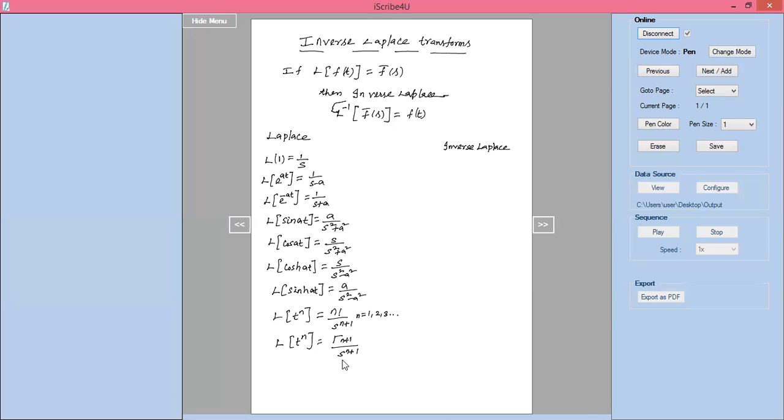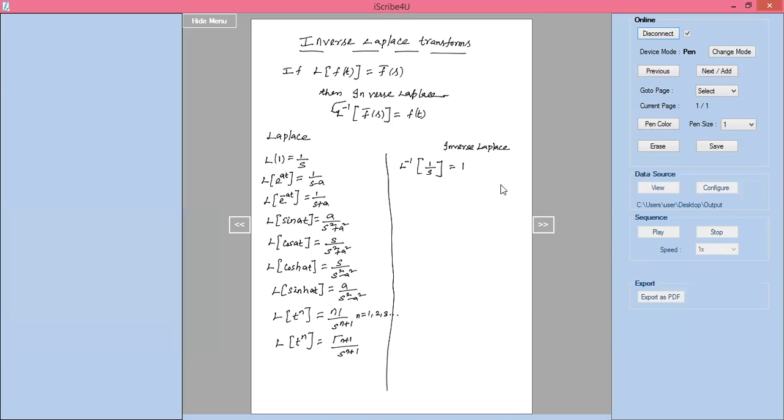Now I'm going to apply inverse Laplace transforms. What are the inverse Laplace transform formulas? L inverse of 1 by s equals 1. Just reverse: already we wrote L of 1 equals 1 by s, and here L inverse of 1 by s is 1.